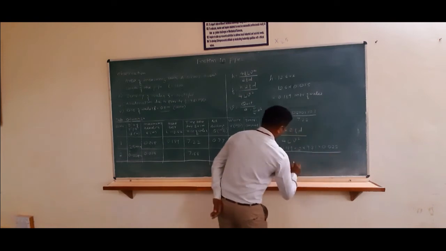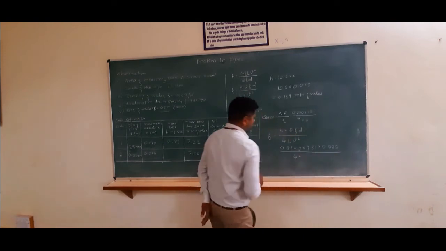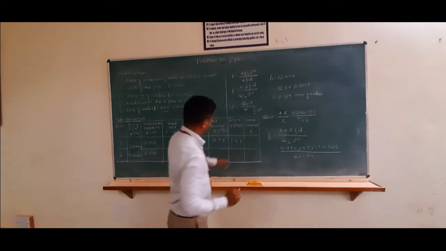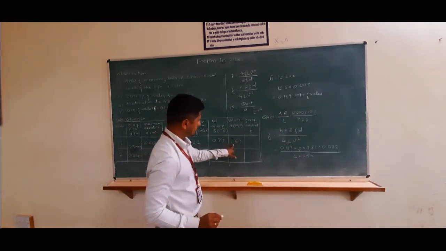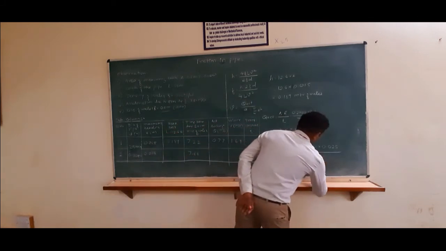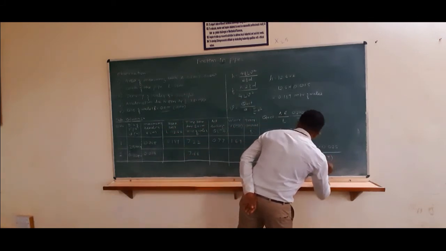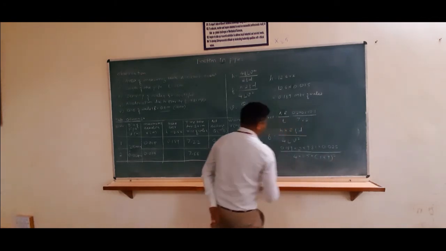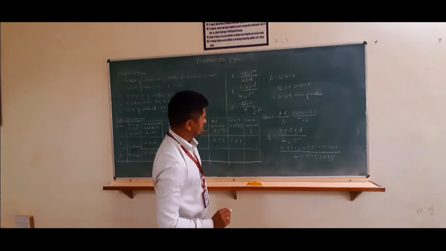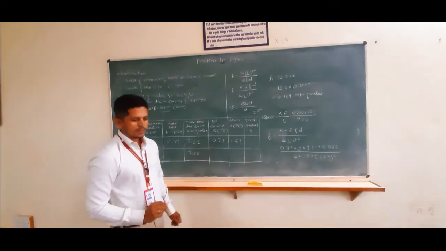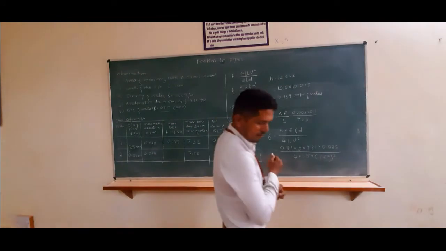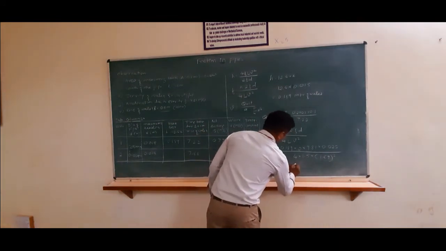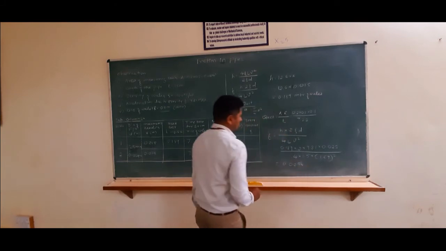Divided by 4 into the length, which is 1.5 meter, into the velocity, your calculated 1.69, that is 1.69 square. So we have to calculate the friction factor or the Darcy factor, and the answer is 0.0054.